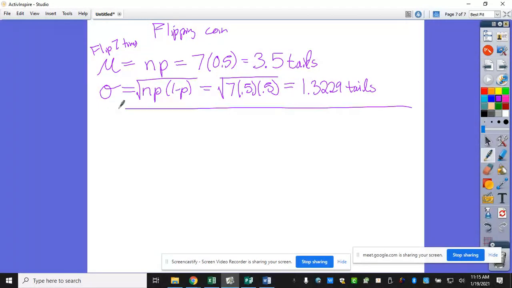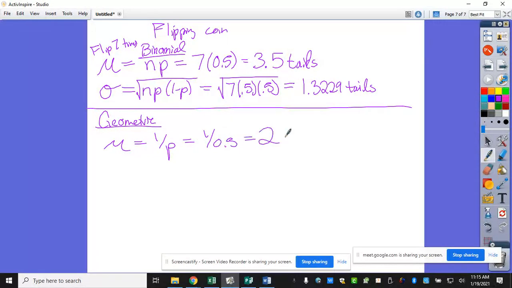And then if I'm doing it for geometric, just because we talked about both of these.